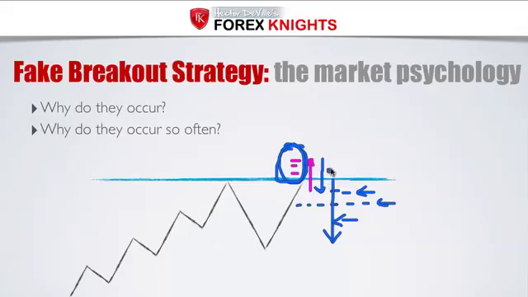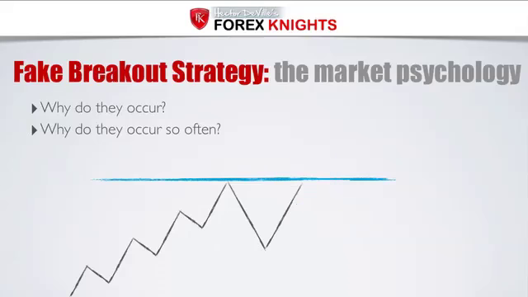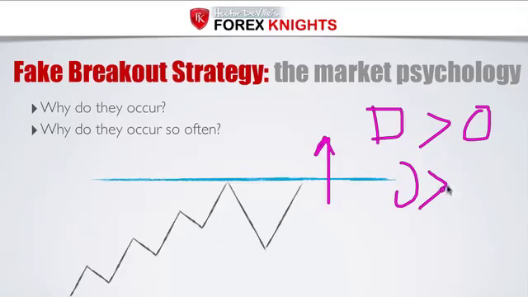Okay? Now, why does price accelerate down? Well, we all know the laws of supply and demand. All right? If demand is bigger than the supply, basically price goes up. If the supply is bigger than the demand, price goes down. We are all familiar with these concepts, right?